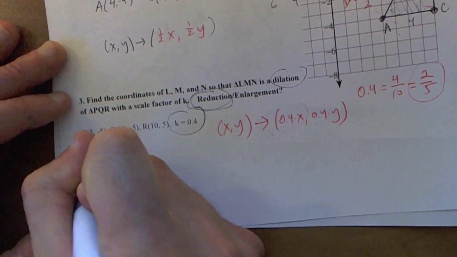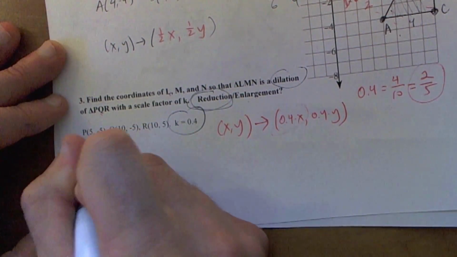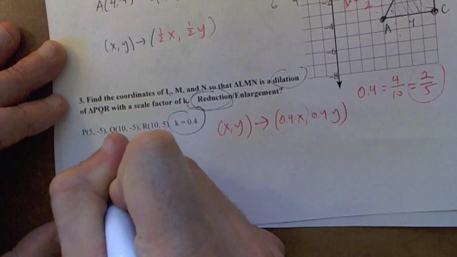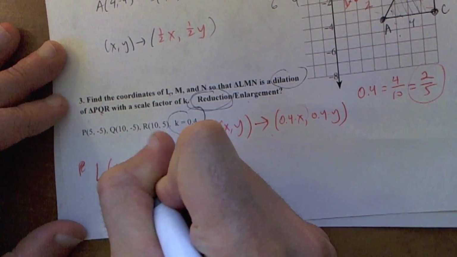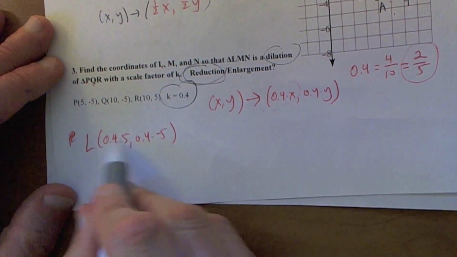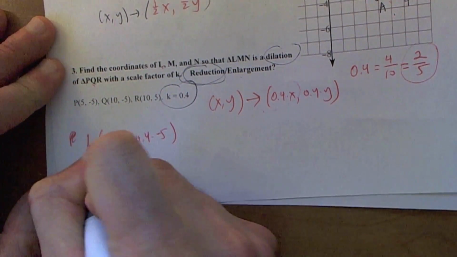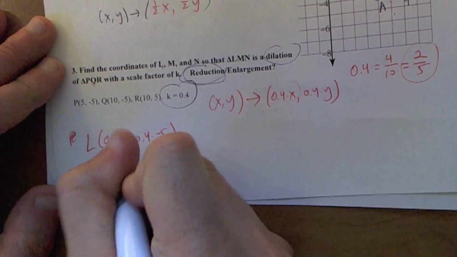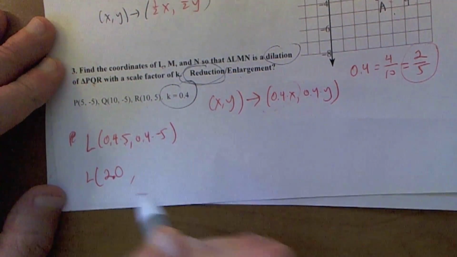Okay, so for example, P is going to map to L. So L is going to be 0.4 times 5 and 0.4 times -5. So what is 0.4 times 5? Well, just do 4 times 5, that's 20, and then move the decimal over 1, so it's just 2.0.